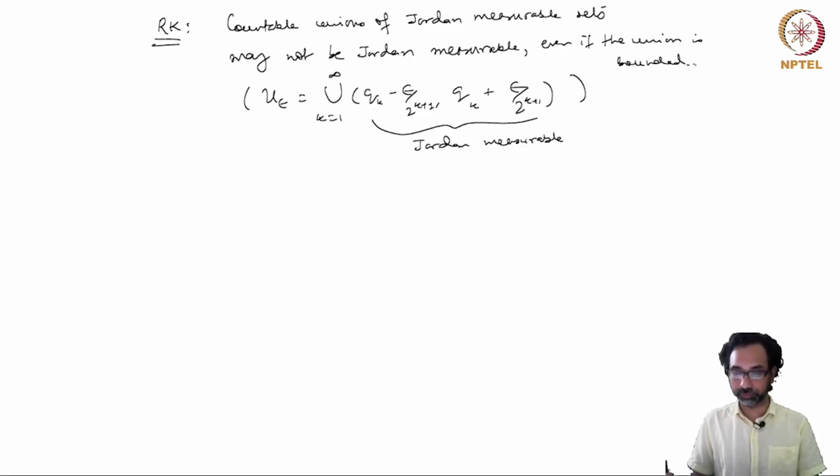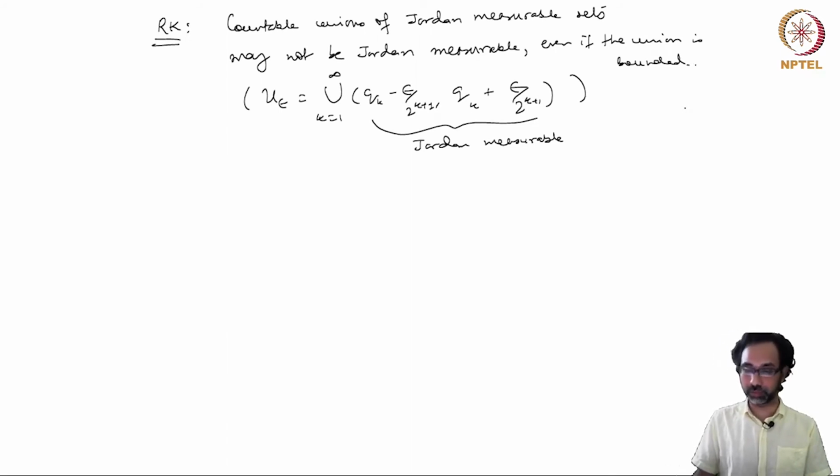One could have unbounded unions, but their Jordan measurability is not defined yet, but even if the union is bounded, we have shown that it may not be Jordan measurable. So this is the first one. The second one is that closed bounded sets may not be Jordan measurable.